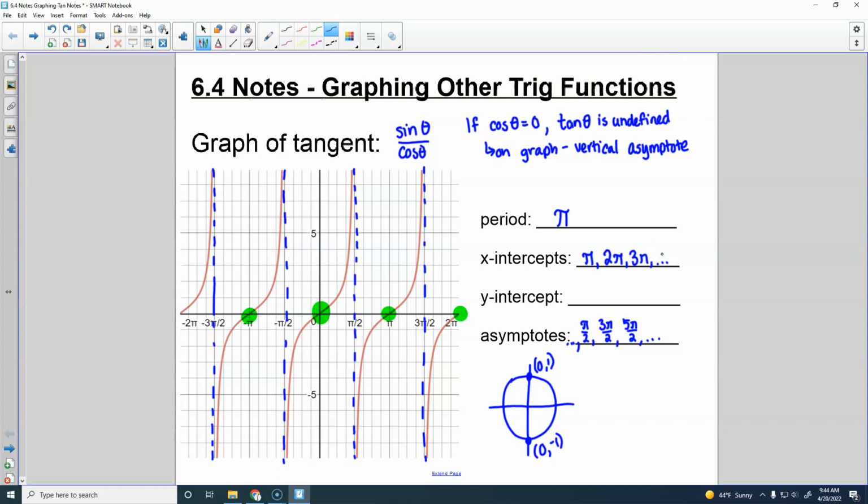And our y-intercept is at 0, 0 for tangent. So you should be able to identify tangent for me on a graph.